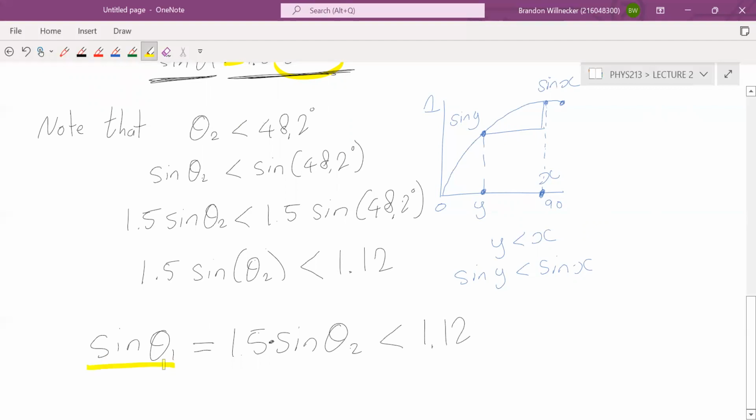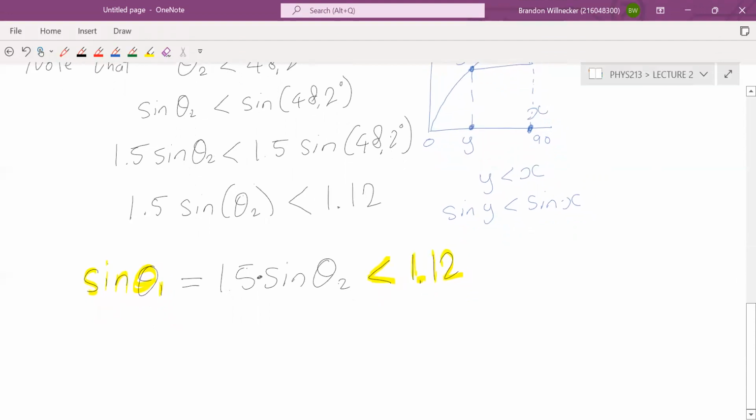Okay, so sine of theta 1, let's just highlight that here. So we can have sine of theta 1 is less than 1.12. Now, for what values of theta 1 is this satisfied?